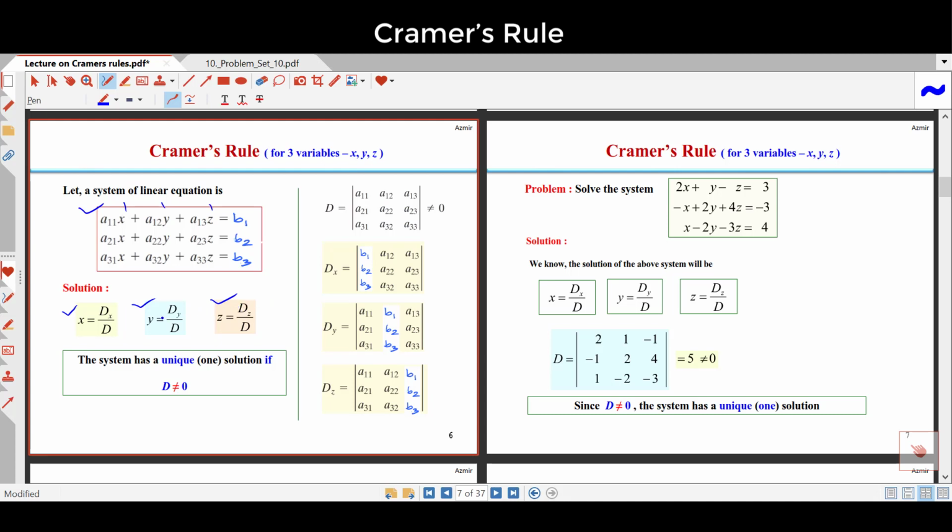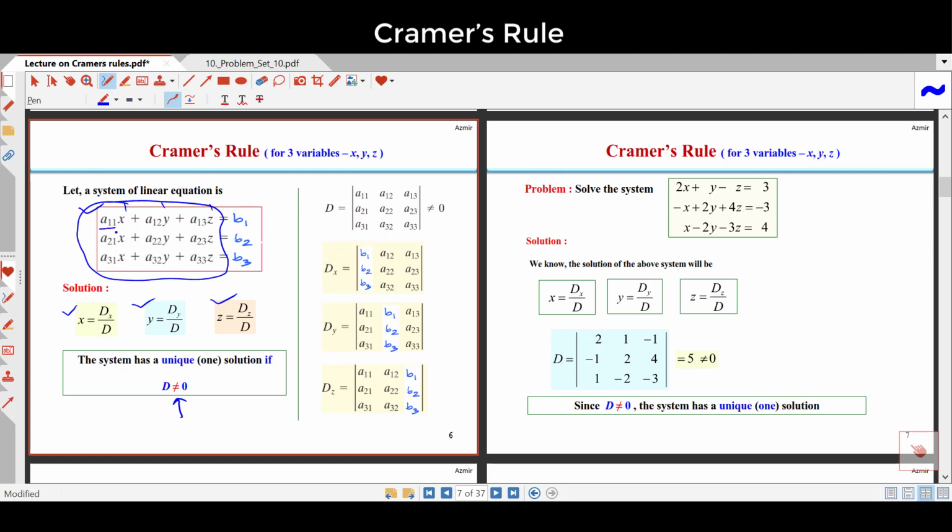So Cramer's rule is only applicable for non-singular matrix. That means the determinant should be non-zero. The determinant can't be zero. It should be non-zero. So determinant of which matrix? The coefficient matrix. Have a look on the left side.